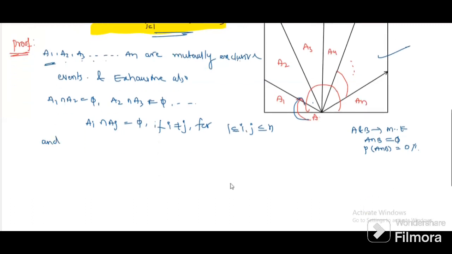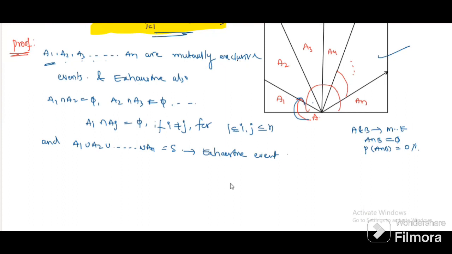And A1 union A2 union A3, and so on, union An. If you add all the elements of these events, we should get the sample space because they are exhaustive events. Exhaustive events means the sum of all the events should be equal to the sample space.